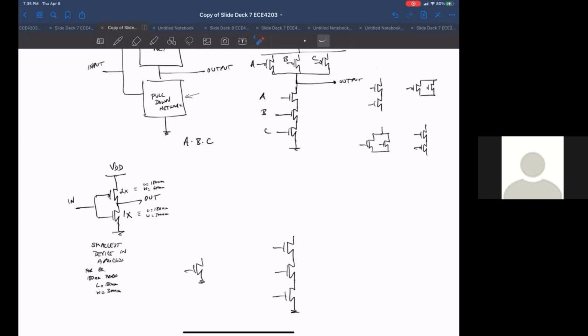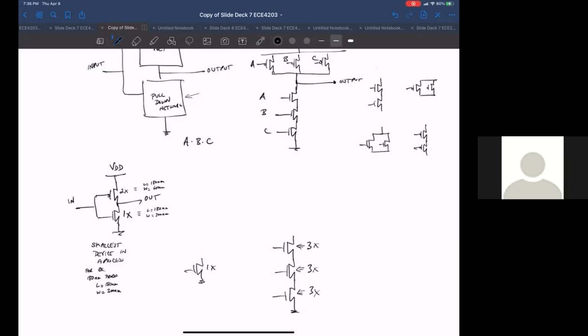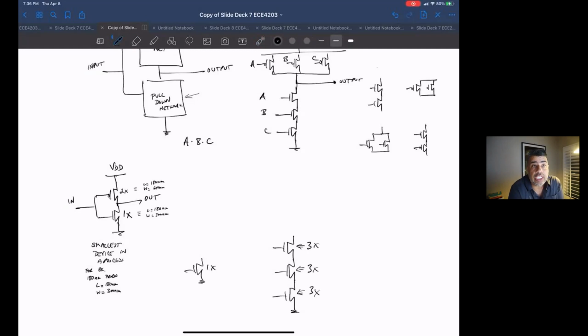If I call this 1x width, how much bigger would these guys be in width? It'd be a 3 width, right? 3x device. Right, okay. So in general, for a 180 nanometer process, it'd be 900. So when you add them in series, it'd be the same as that one.